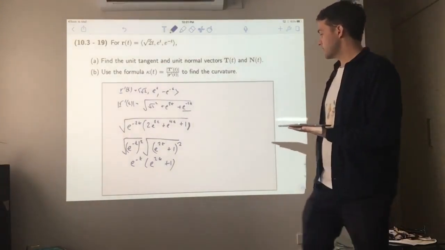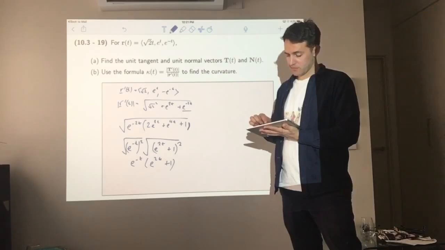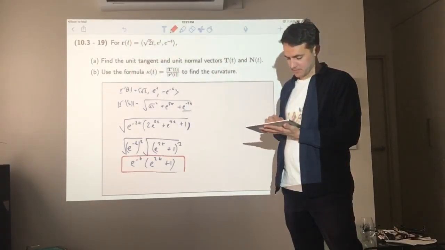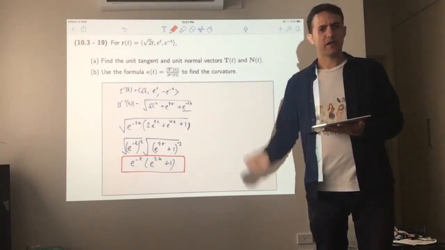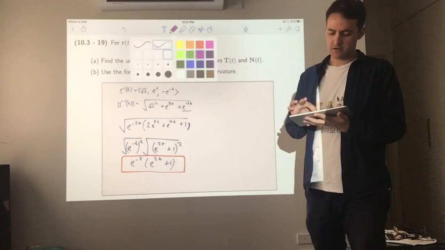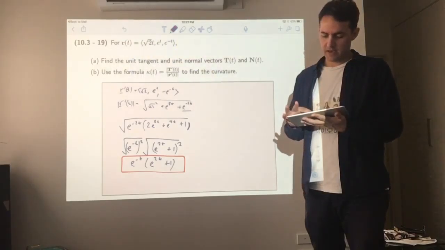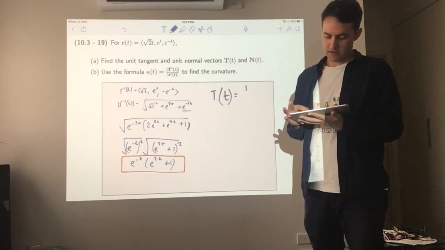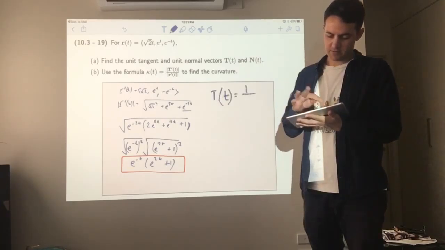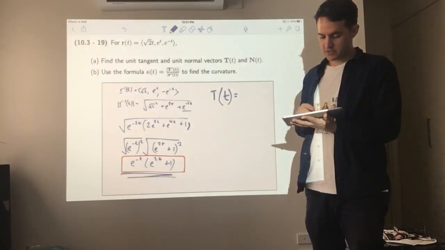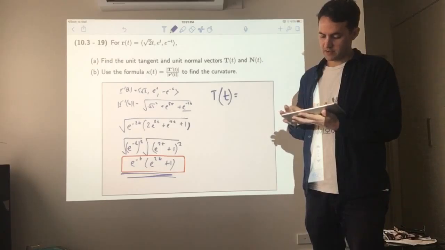Okay, so it's good, it's handy. Now having said that, the numbers still end up not being great when we put all of this in. So we get here our T of t is 1 over, actually let's write it this way. We're dividing by our magnitude here, so that means everything goes the other way around.